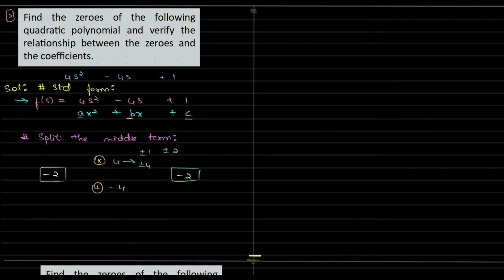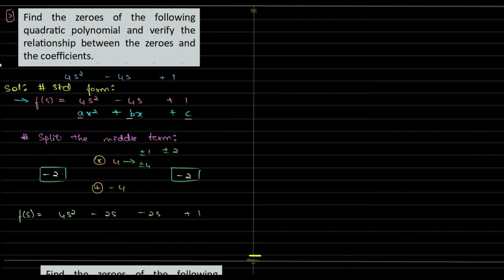So we have split the middle term, we just have to write it now. f of s is equal to 4s square minus 2s minus 2s plus 1. See, we have split the middle term. Literally we have split it: minus 4s, we can rewrite as minus 2s and minus 2s. That's why the heading, splitting the middle term.